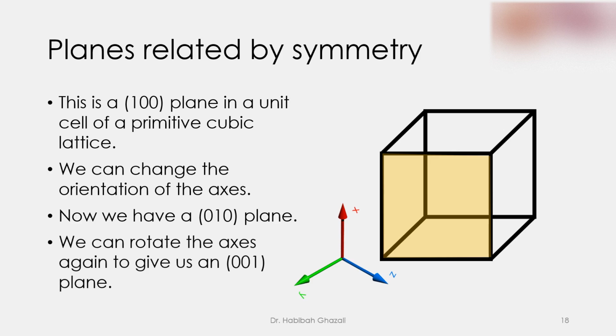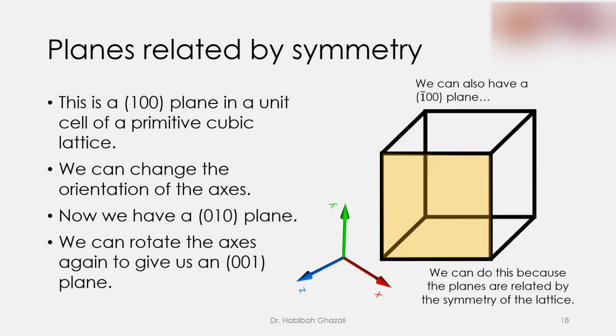And again, if we rotate the axis again, it is now giving us a 0, 0, 1 plane. So they are all related by symmetry. We can also have a bar 1, 0, 0 plane, and they are all related by symmetry, because these planes are related by the symmetry of the lattice.